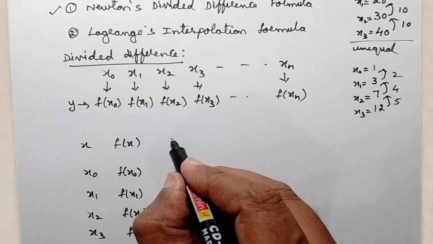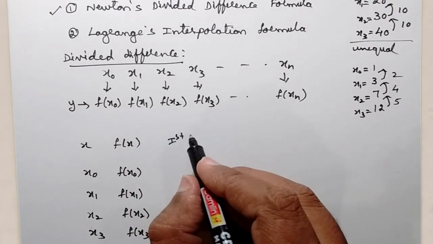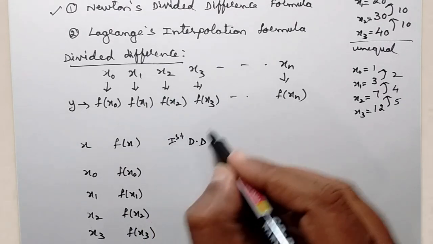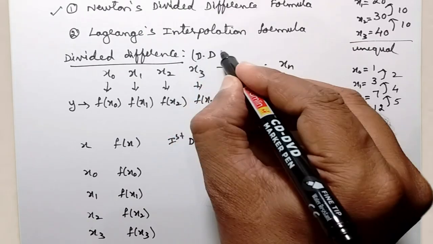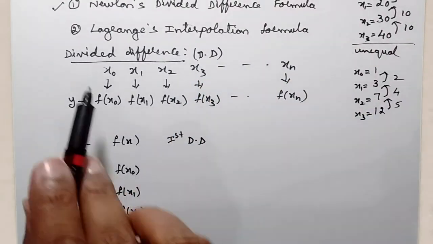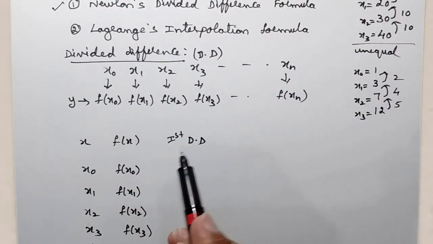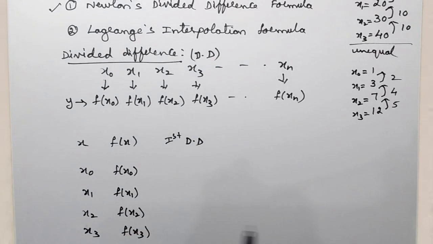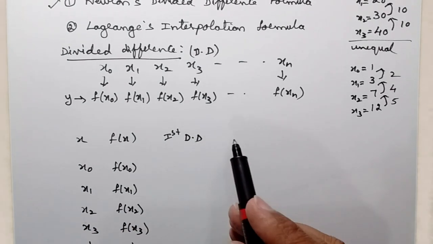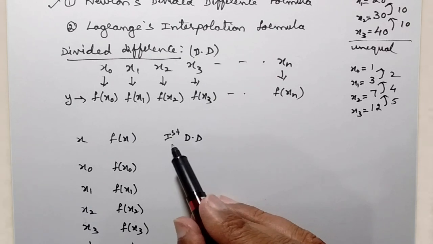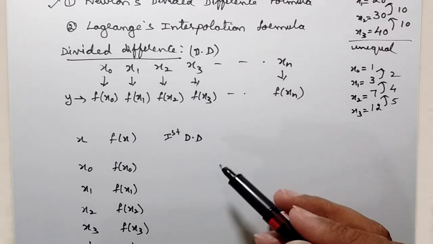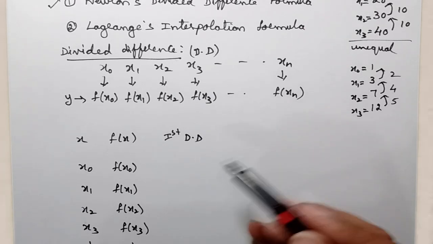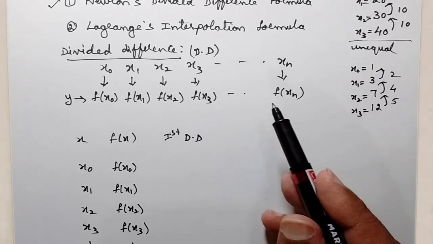Now you need to find the first divided difference. In short, I'll use divided difference as dd, just for our convenience. As you have seen in the case of the equal intervals interpolation formulae, we have seen the first difference, second difference, first forward difference, second forward difference, first backward difference, second backward difference.